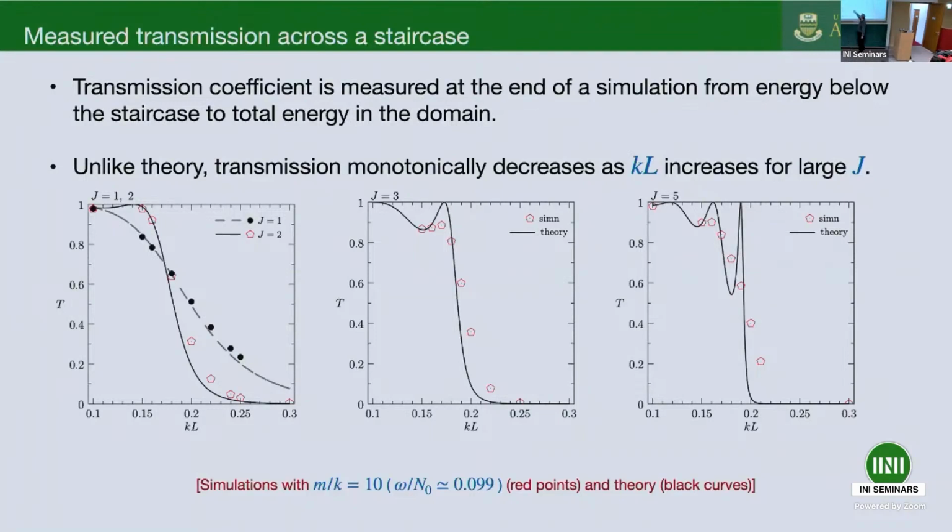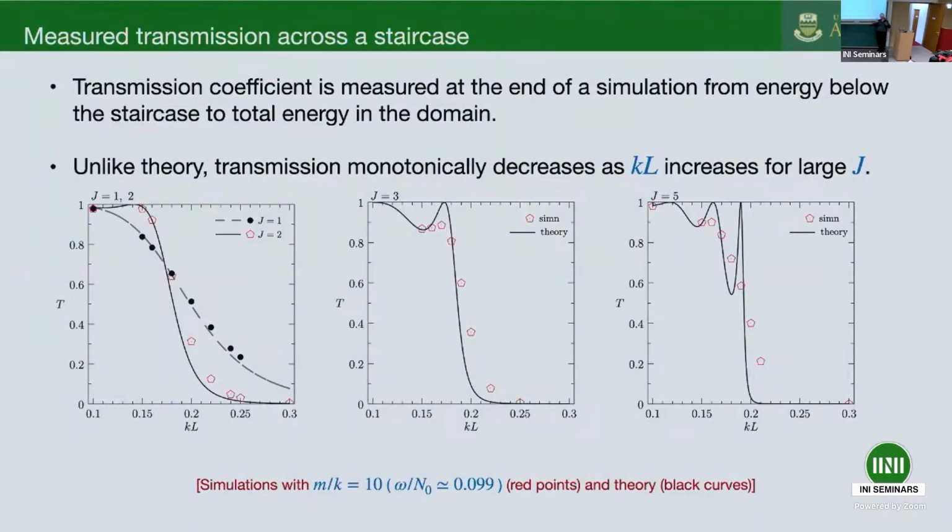As I go up and add more steps, you see there's a big difference between the theory and simulations. The theory, of course, predicted a transmission spike, but that is the theory for incident plane waves, which neglected this transient excitation of a normal mode that then gives its energy away over a long decay timescale.